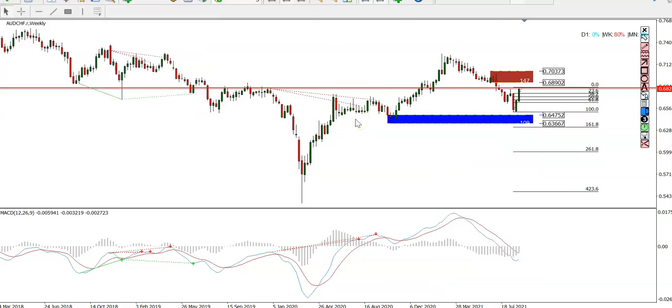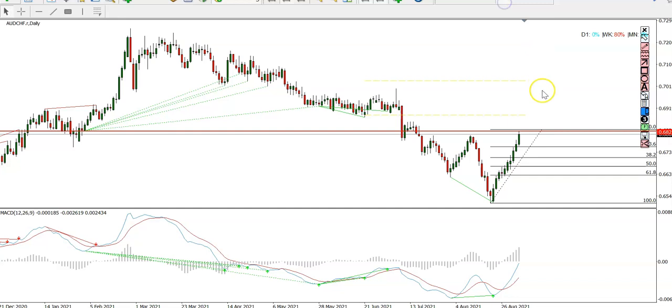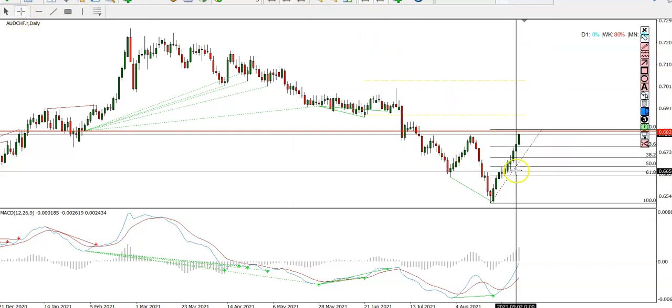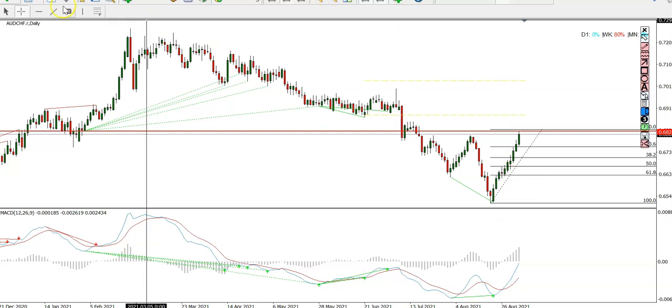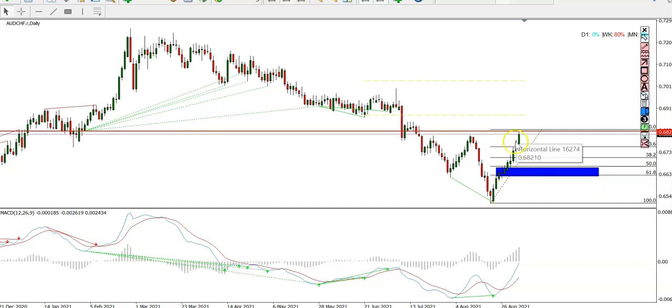We will see around 64.500 to 63 area, which is down here. But the first easy target will likely be in and around this area here. I'm just using a fib line for that. It will be the break even point on this position.